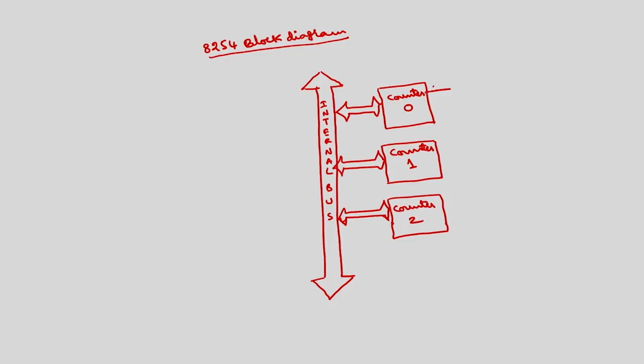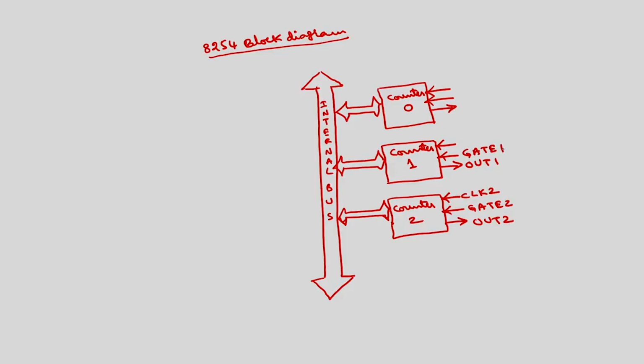Each has 3 signals, 2 inputs and 1 output. Out 2, gate 2, clock 2, out 1, gate 1. What are the functions of these signals?